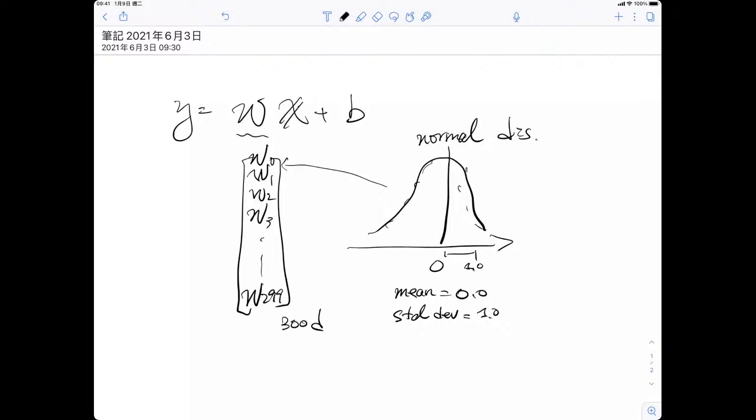So on average, half of the initial weights are less than 0, which means they are negative numbers, and half of the weights are positive numbers.